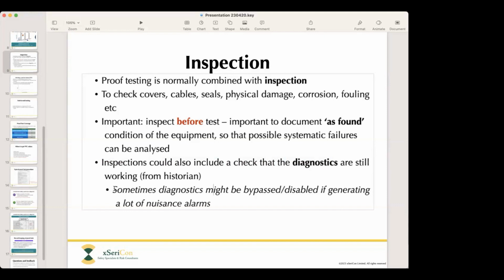As a result, you might end up just bypassing or disabling the diagnostics, which obviously then compromises the integrity of the SIF, because it would have been assumed during the analysis phase that the diagnostics were available and running. So that's important to check. And if you are having a problem with a lot of diagnostics alarms, then rather than just disabling them or bypassing them, do some proper investigation and find out what those alarms are really telling you.